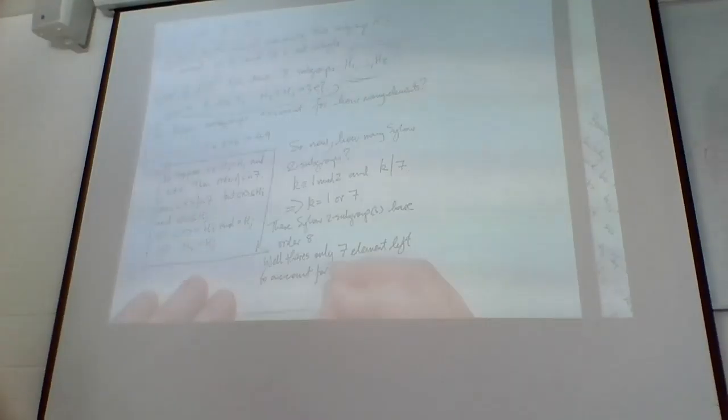Well, there's only 7 elements left to account for. So there's only room for one Sylow 2 subgroup, which has order 8. It's order 8 because it's 2 cubed, appearing in the size of the group.